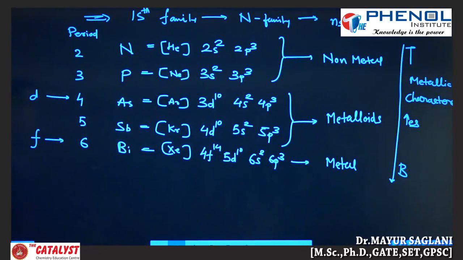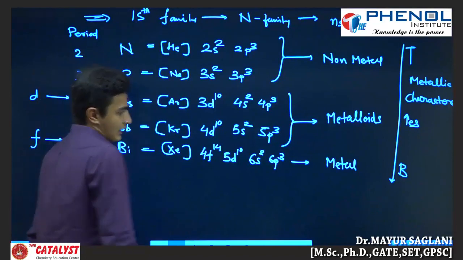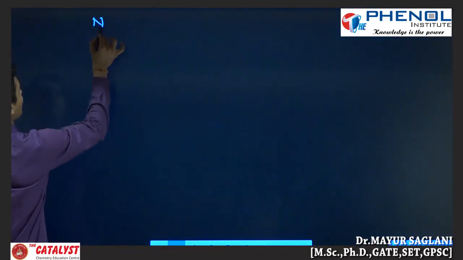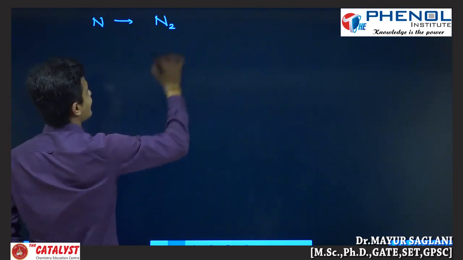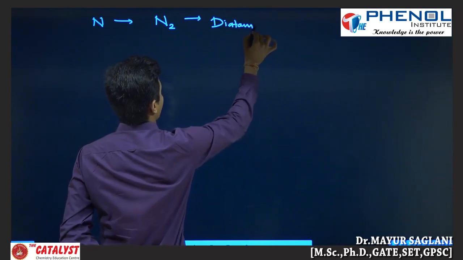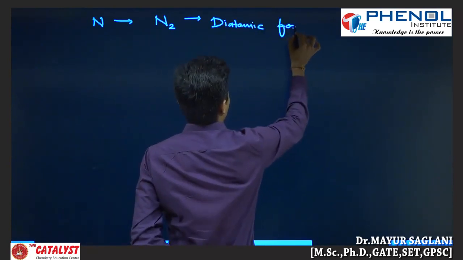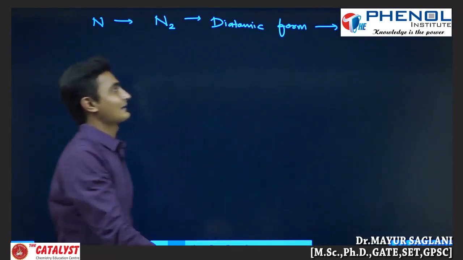Next we will see the state in which these elements exist. If we take nitrogen as an example, nitrogen exists in the diatomic form, that is N2, and it is in the gaseous state.